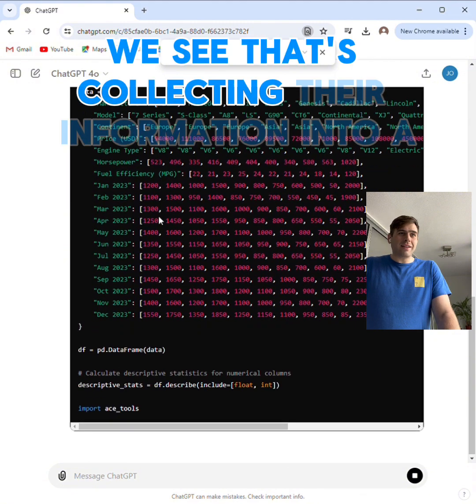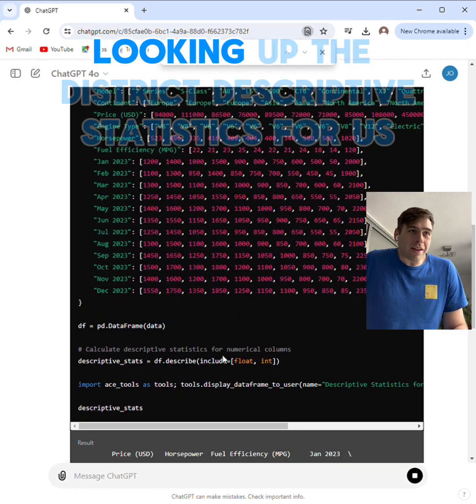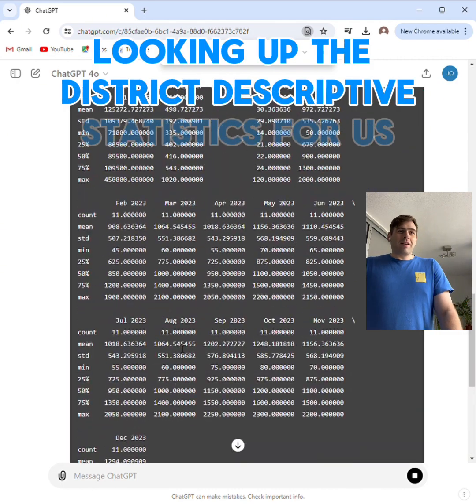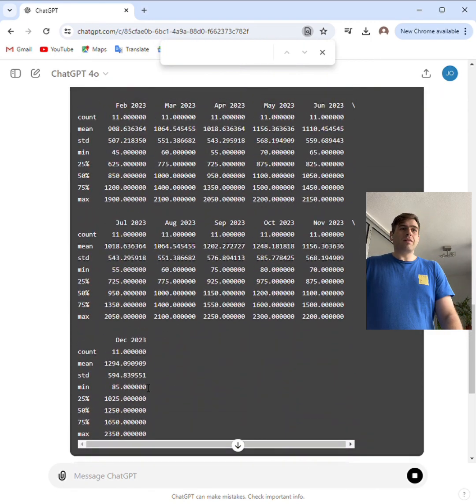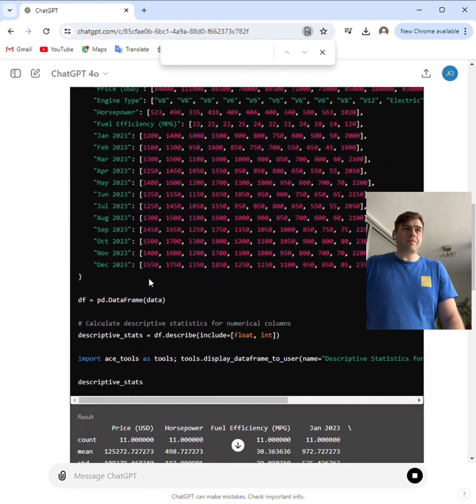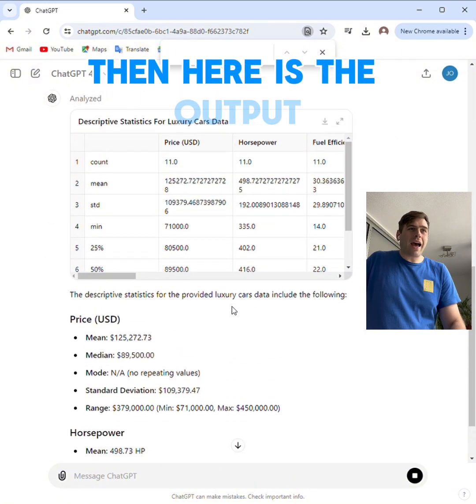We see that it's collecting the information into a data frame and looking up the descriptive statistics for us. And then here is the output.